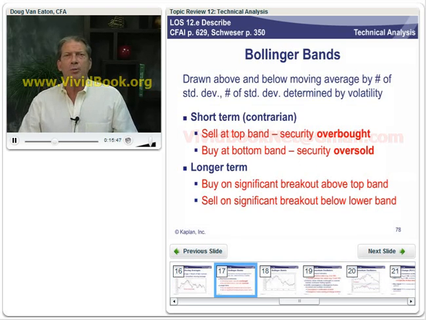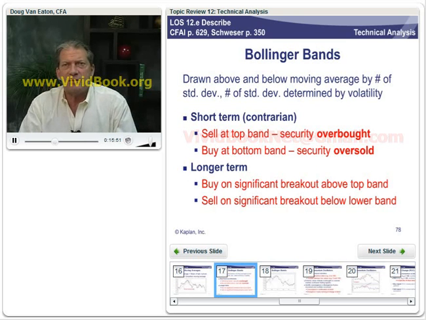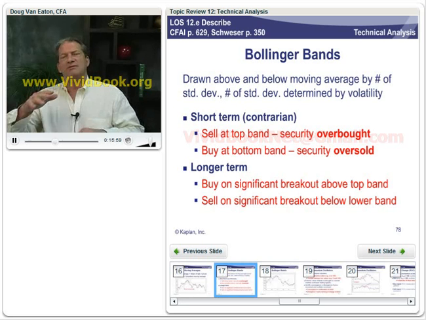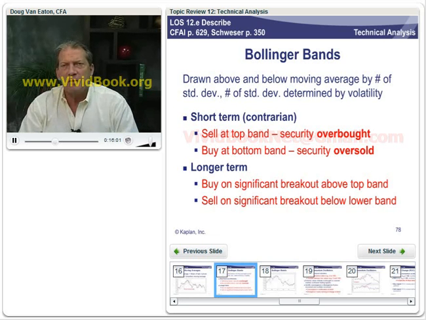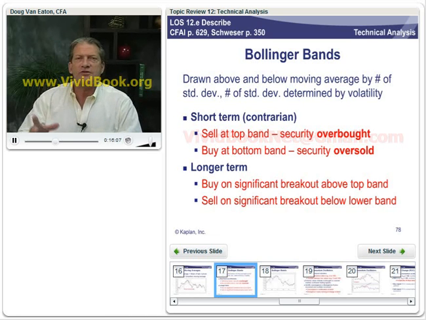What are Bollinger Bands? Well, Bollinger came up with these bands, and what it is we take a moving average, okay, and then we draw bands above and below the moving average based on the volatility of the stock. So we take a set number of standard deviations, like say 1 standard deviation above or below, 2 standard deviations above or below.